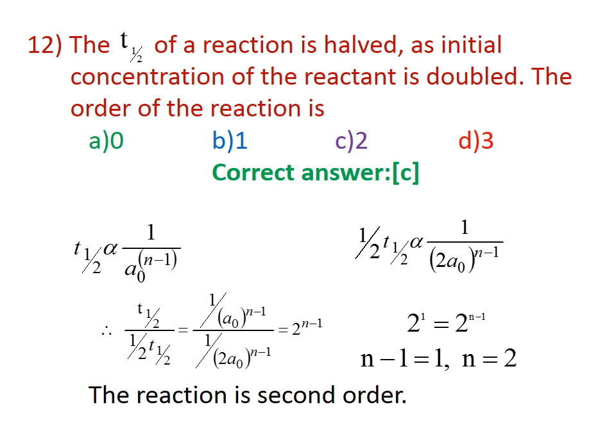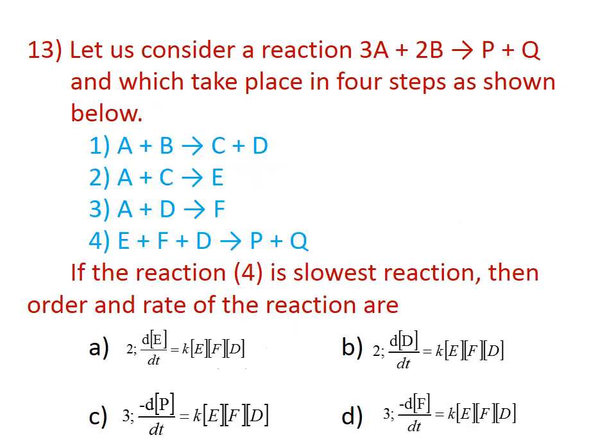So 2 power 1 will be equal to 2 power n minus 1. Therefore, n minus 1 will be equal to 1, n equals 2. The correct answer for this question is C.